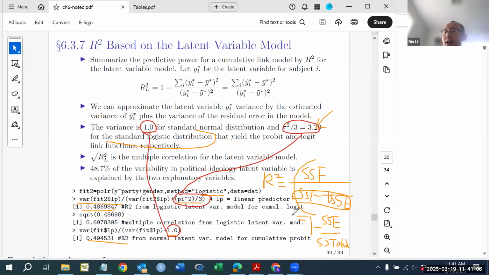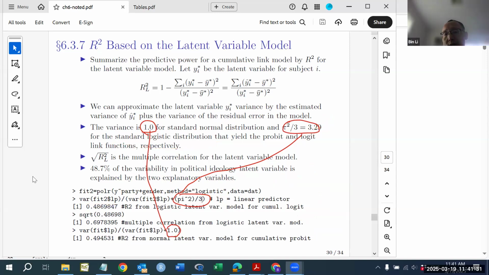Y star is the unobserved latent variable for the political ideology, which is continuous, and the higher the Y star, the more conservative. Okay, so those are the interpretations of the models through the R squares.